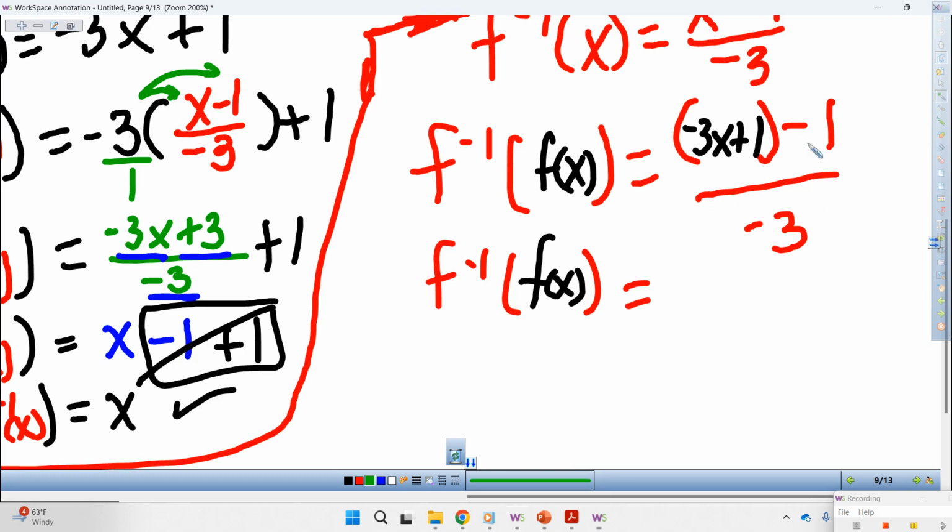Caitlin, what happens here? Oh, the short way. Okay, the numerator. Look at the numerator. What can I do here?